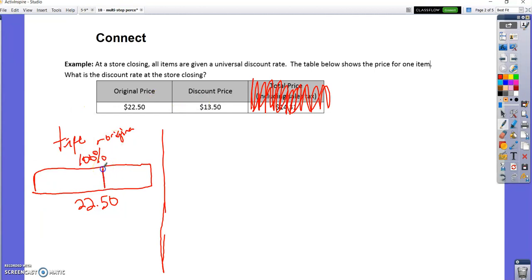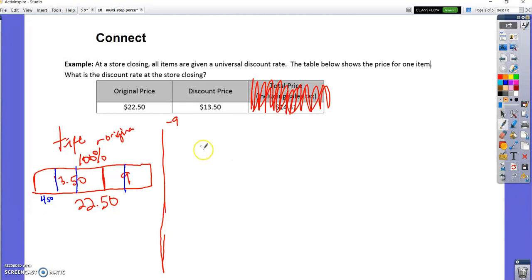There's the part you pay, which was the $13.50, and the part you saved, which I believe was $9 if you calculate that, minus $9. And then we used the tape diagram from there, and we figured out we could cut this into 2 and this into 3, and then all the pieces would be the same. They'd each be $4.50.